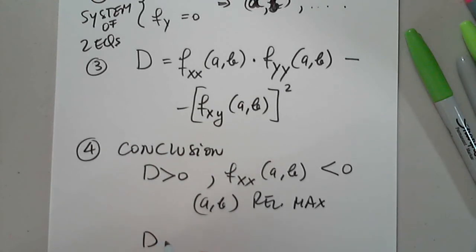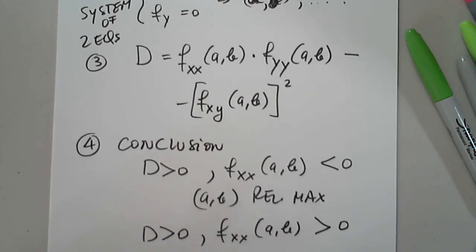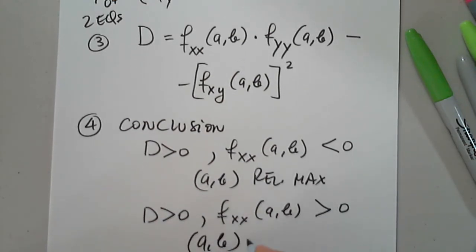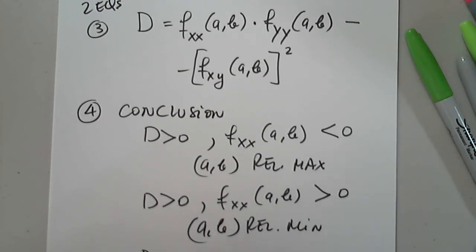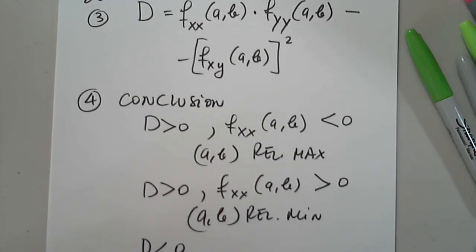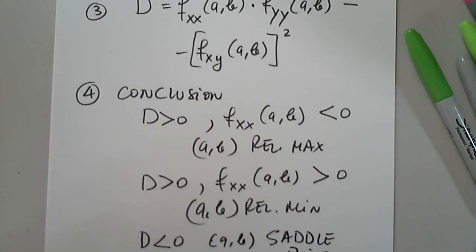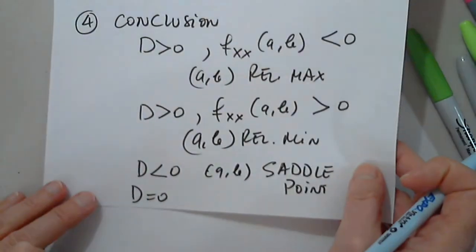If D is a positive number and fxx at a comma b is a positive number, then a comma b is a relative minimum. If D is less than 0, a comma b is called a saddle point. If D equals 0, test not applicable.